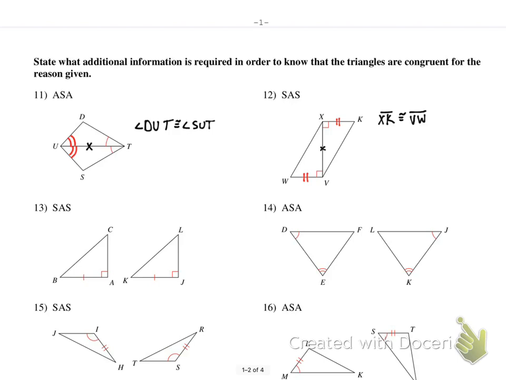So we've narrowed it down. Is it the side that's the hypotenuse or the side that's the leg? The leg. Okay, so let's just name those real quick. Someone tell me what the names of those two will be. Okay, CA and LJ. CA has to be congruent to LJ.